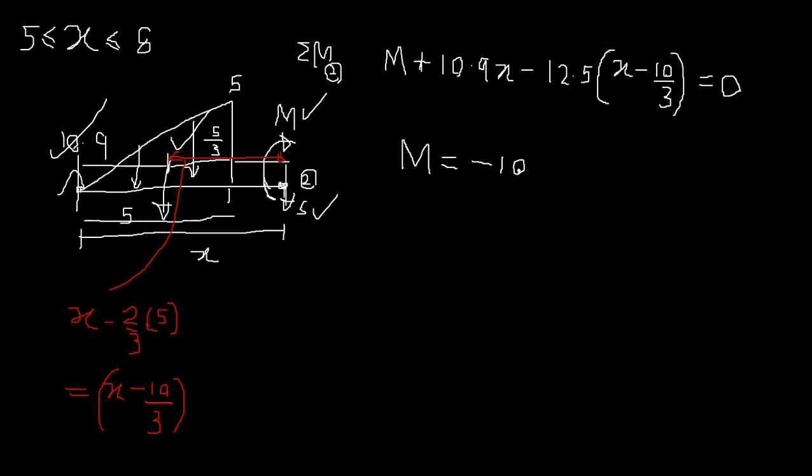Minus 10.9 into x plus 12.5 into x minus 10 over 3, right? Okay, so now my second half is okay. I can go to the third part as well.